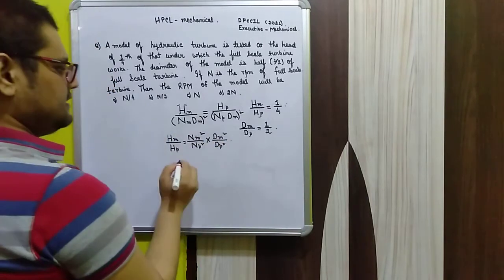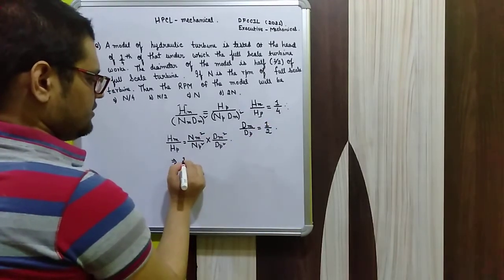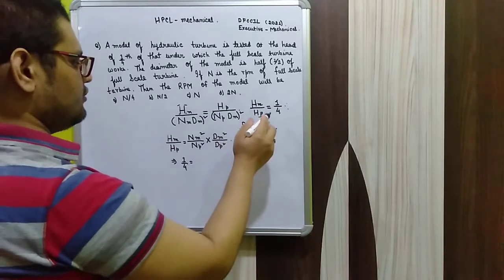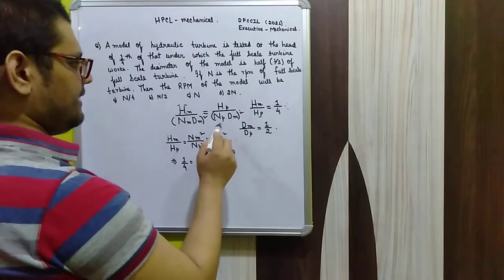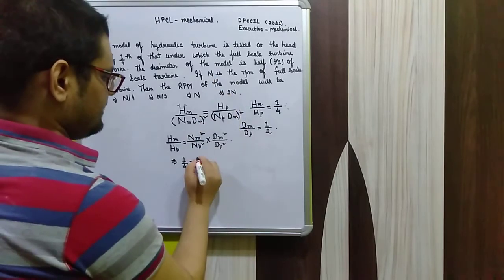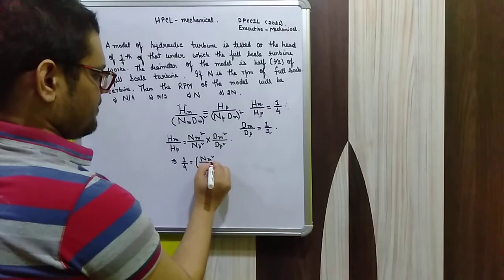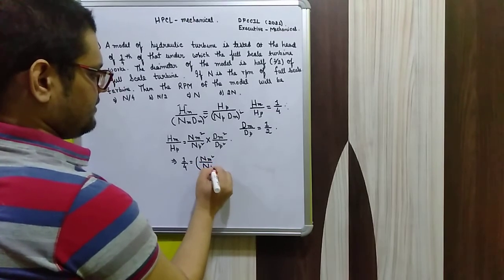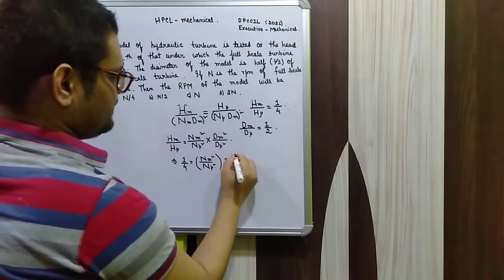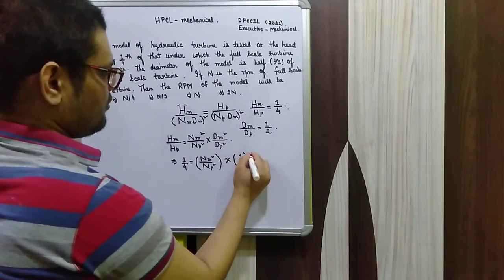Putting in the values, Hm by Hp is 1/4, so 1/4 is equal to Nm square by Np square into (1/2) whole square.